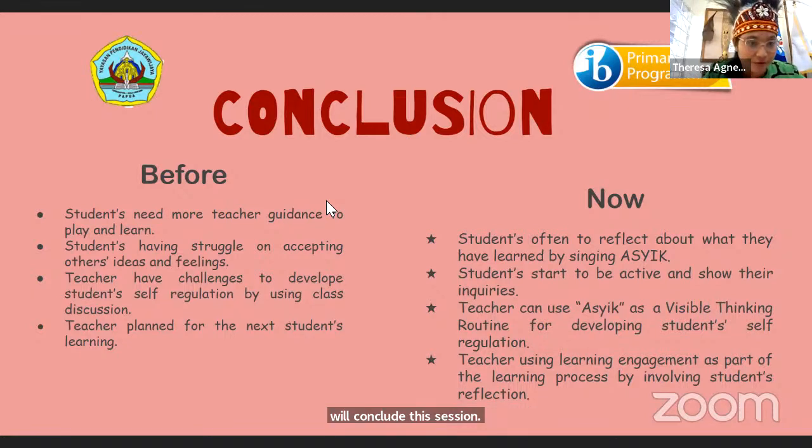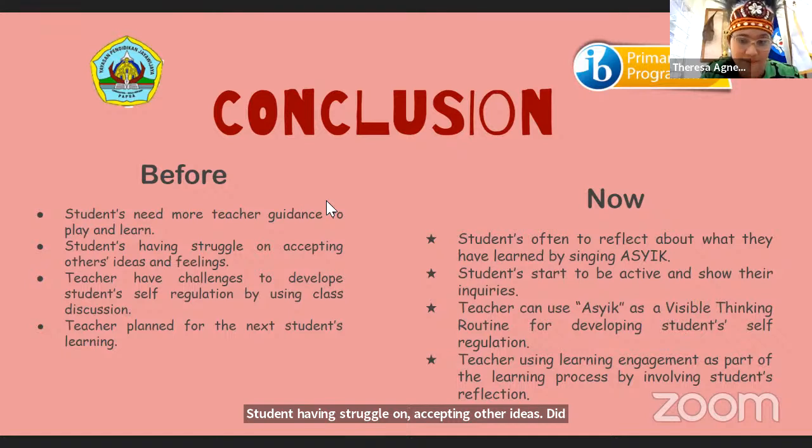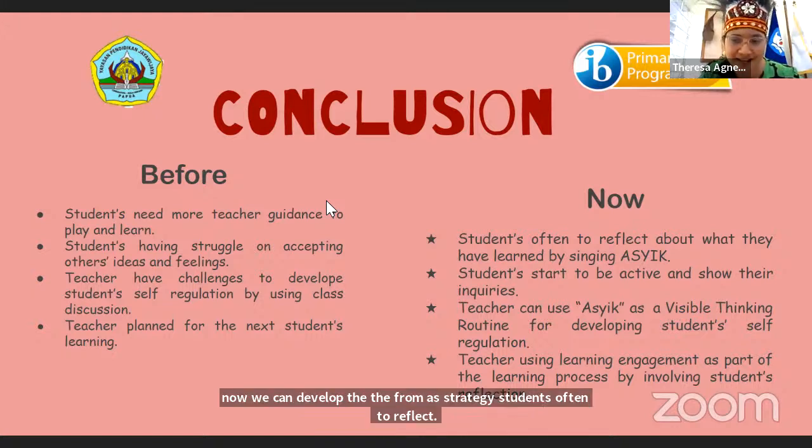Actually, before we struggled where students need more teacher guidance, students having struggle on accepting other ideas, teacher have challenges to develop student self-regulation, and teacher plan for the next students' learning. And now we can develop the ATLs from ASYIK strategies. Students often reflect about what they have learned by singing ASYIK.